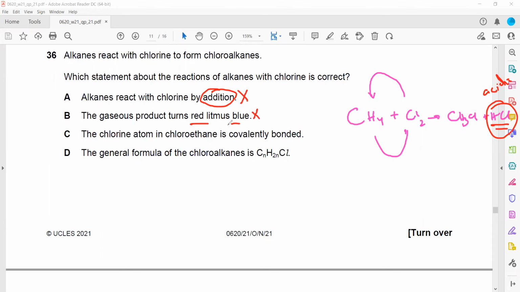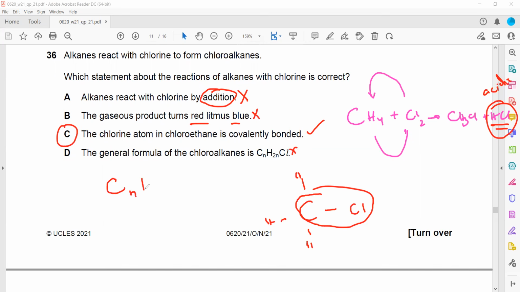The chlorine atom in chloroethane is covalently bonded. That is true. In a chloroalkane, the bond between carbon and chlorine is formed by sharing of electrons, so it is a covalent bond. So C is the right answer. And the general formula of chloroalkane is CnH2nCl. That is wrong as well, because the general formula of chloroalkane is CnH2n+1Cl.